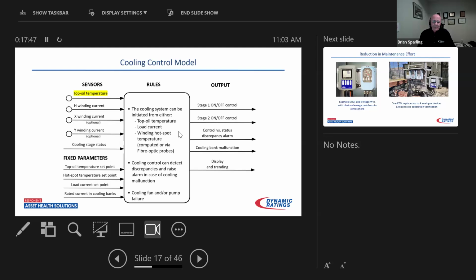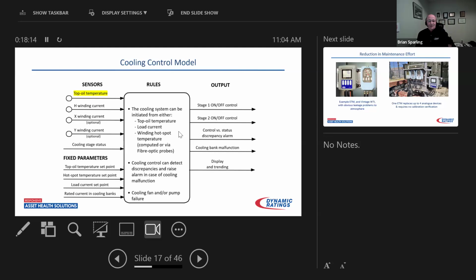So within a monitor, and that's what I'm talking about here, an online monitor, we have inputs from top oil temperature sensors. We're measuring the currents of the high voltage and low voltage windings, and the cooling stage status, is it on or off, through the breakers and contactors. And we have the fixed parameters from the transformer test reports. Feed that into the monitor and it calculates what the top oil temperature should be.